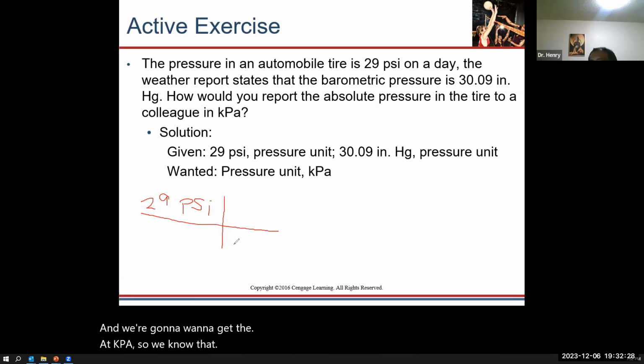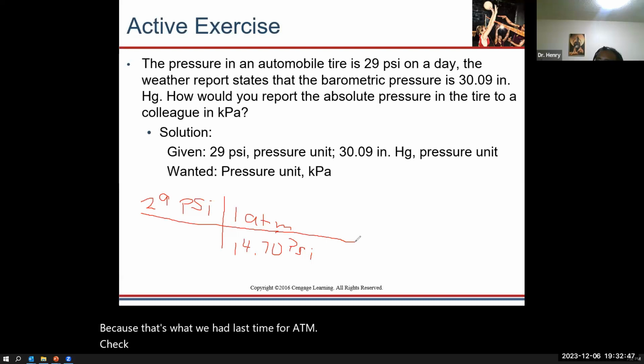So we know that our psi is going to be equal to 14.7 psi per atmosphere, because that's what we had last time for atm. Check it so that I don't make another mistake.